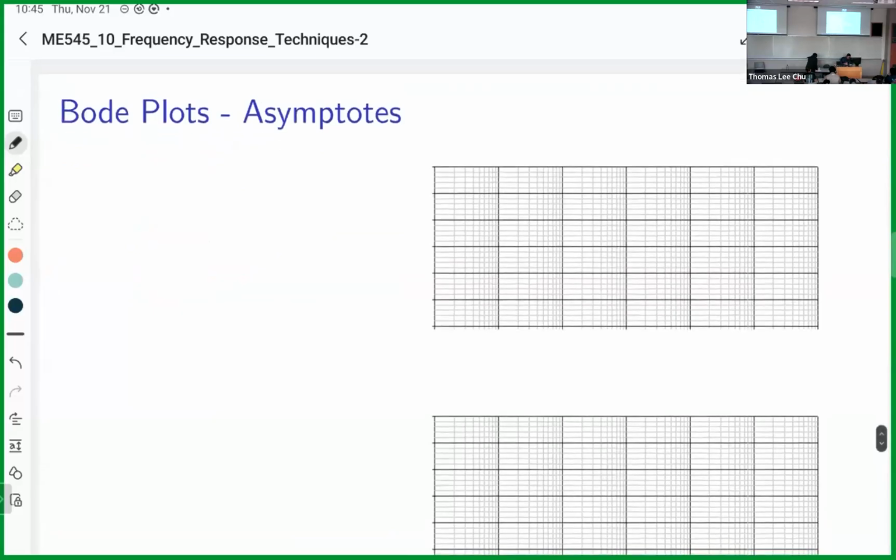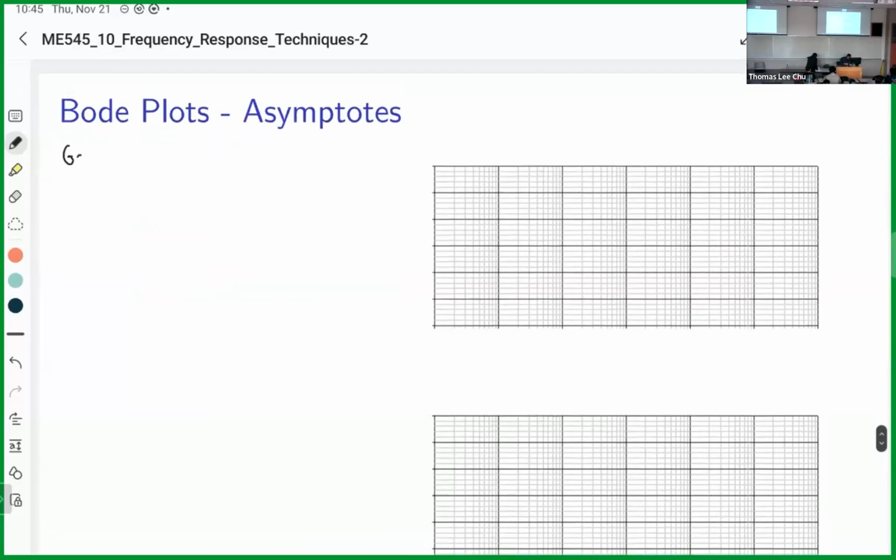So I'm going to write out our generalized second order underdamped system again, with 2 poles. We get K divided by s squared plus 2 zeta omega n s plus omega n squared. In this case, I'll just put K and omega n squared into the same constant.